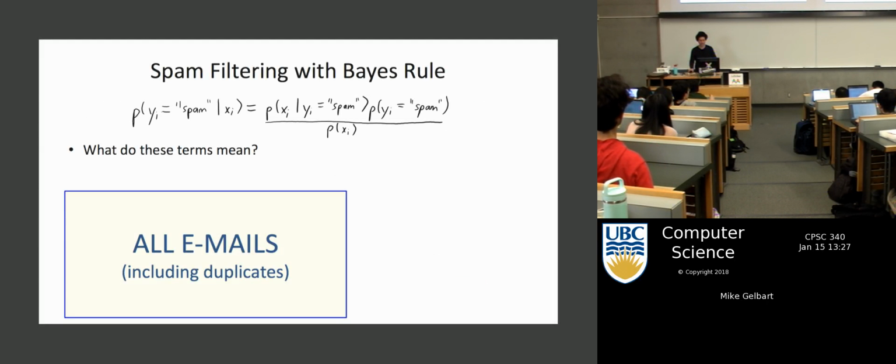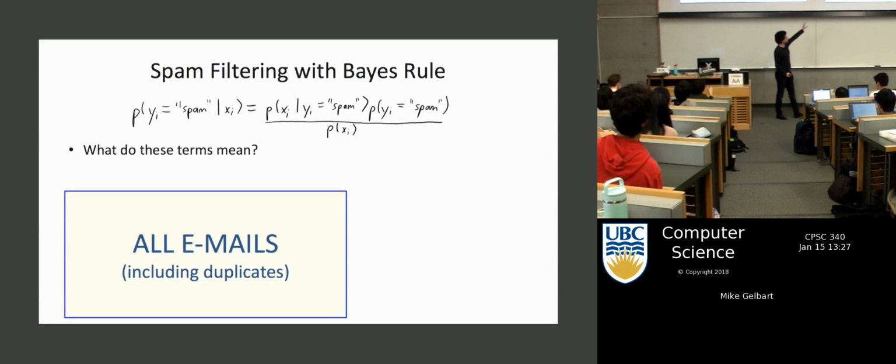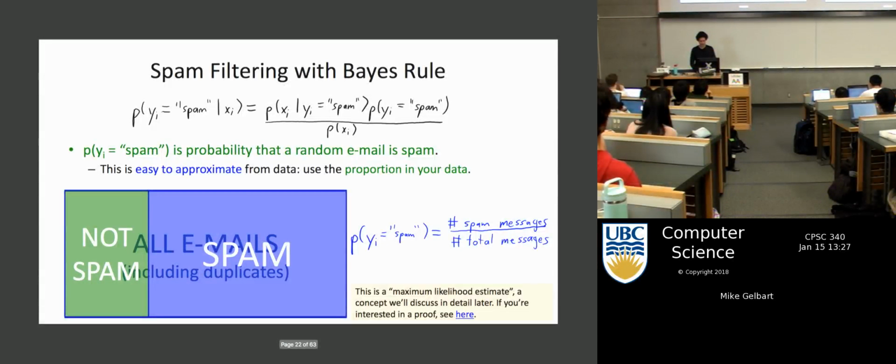So I will try to graphically illustrate each of these factors in Bayes' rule. So first of all, the overall probability of spam. If the original rectangle was just all emails, some of them are spam, some of them are not.